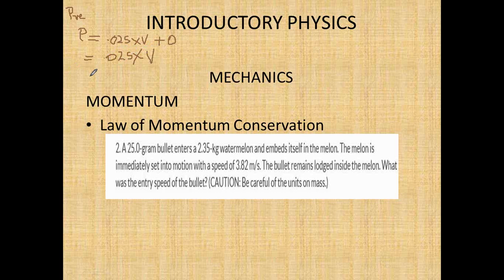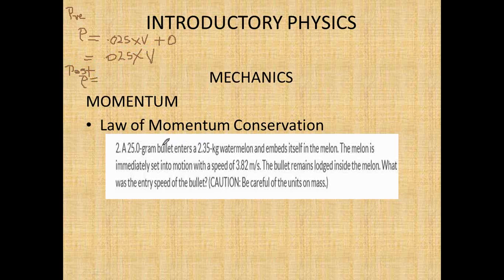All right, the post-collision momentum. Again, momentum is always mass times velocity. So the watermelon has a mass of 2.35.